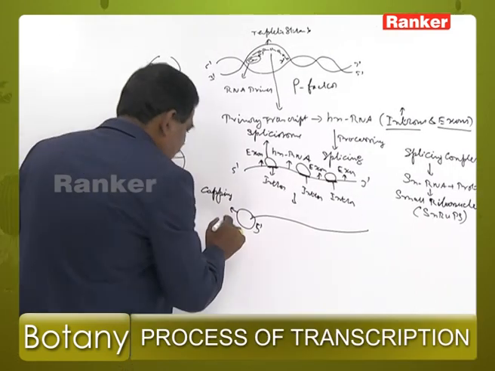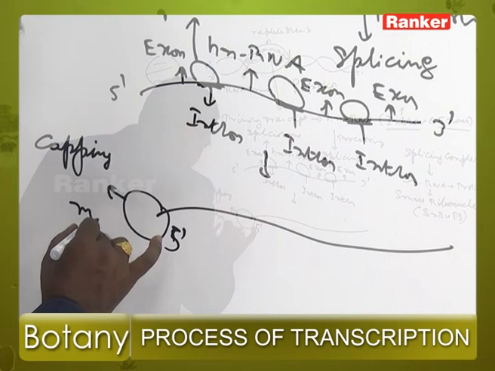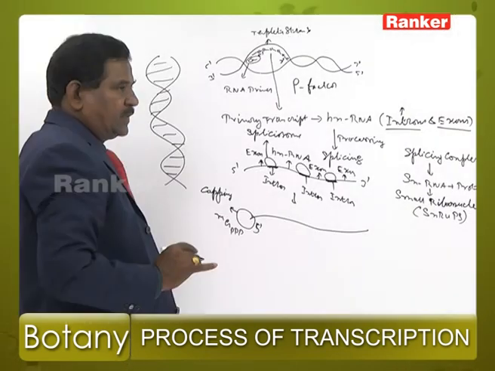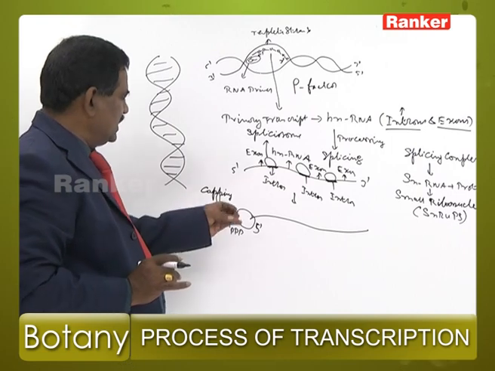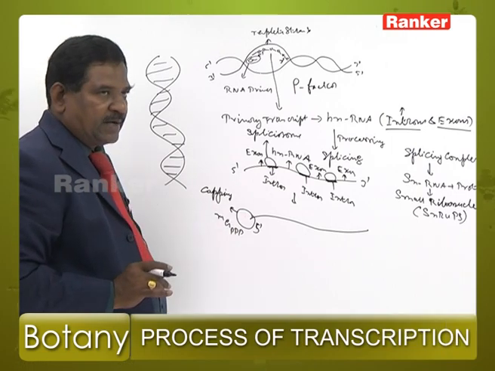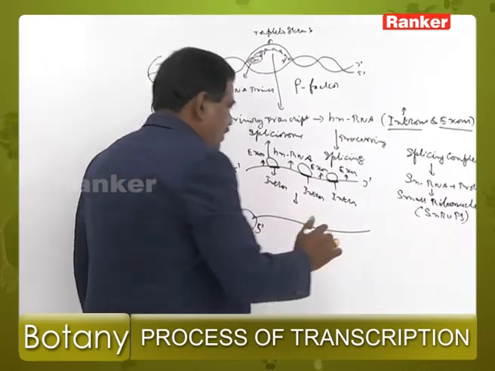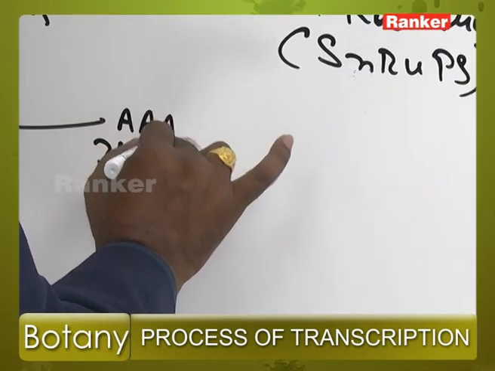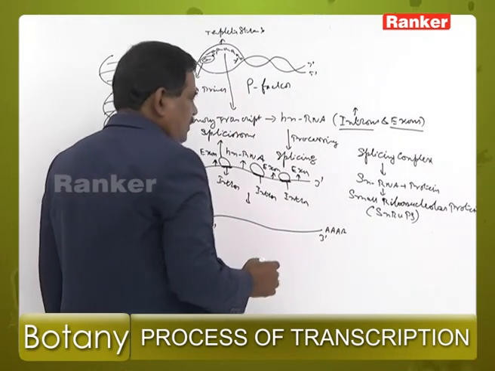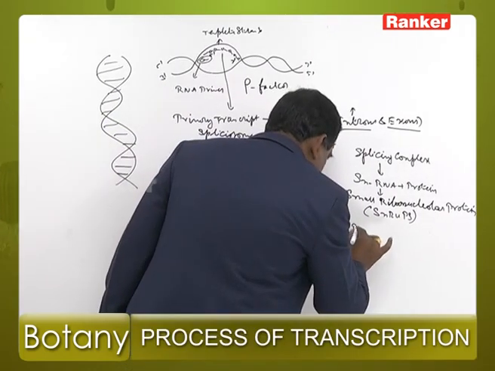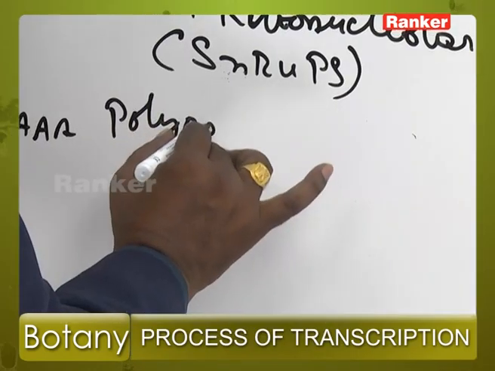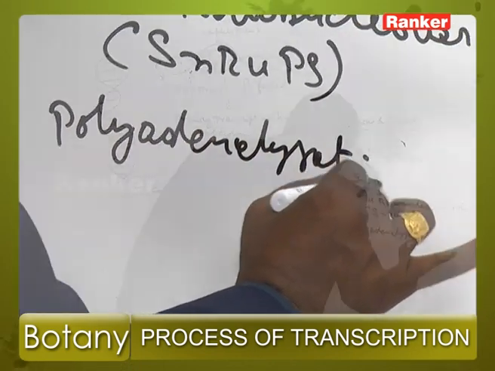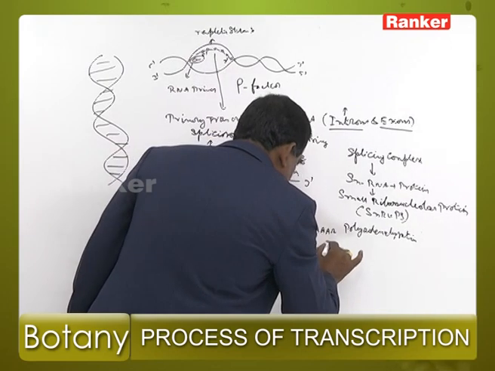Then many adenines are added, which is called polyadenylation, causing tailing.